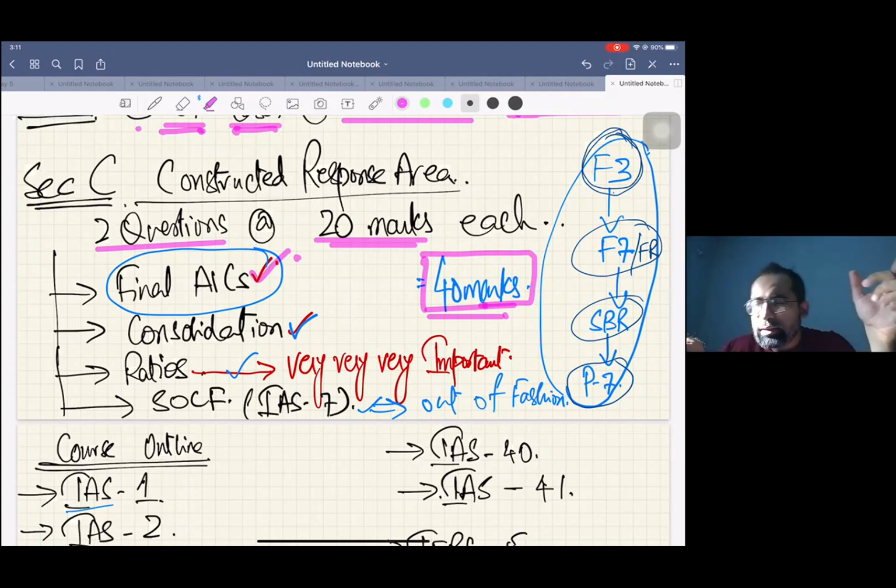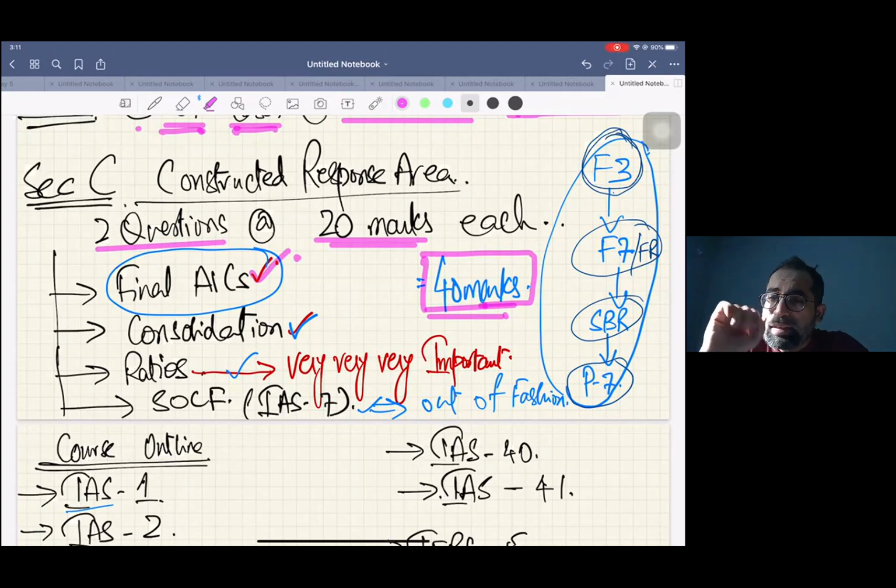F3 was nothing, it was a piece of cake. The depreciation adjustment, 20% on cost, 20% reducing balance method, was very, very basic level. But in F7 level, the final account will be of good level. So you will have a full test of IAS, IFRS and final account.